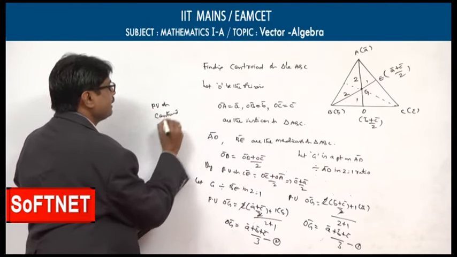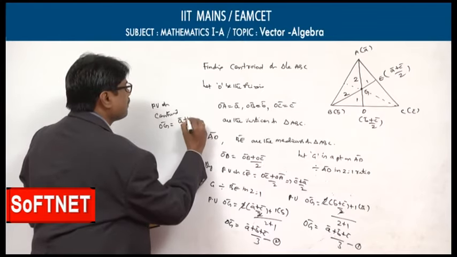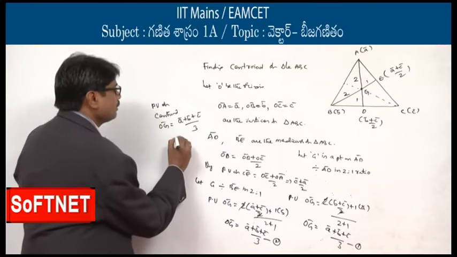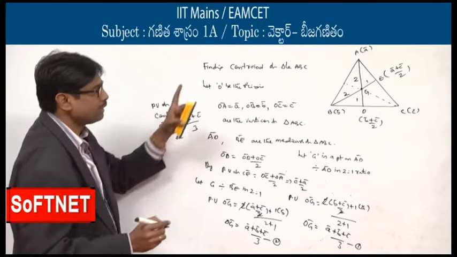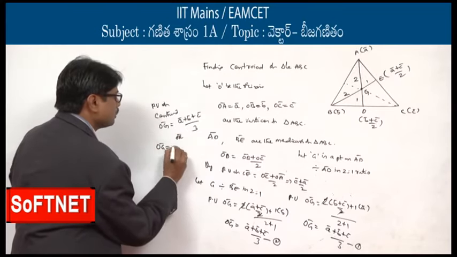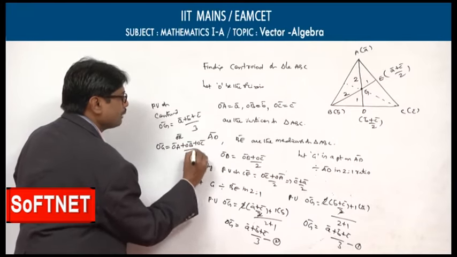The position vector of the centroid OG bar is equal to A bar plus B bar plus C bar divided by 3, or you may write capital A, capital B, capital C if you take the vertices. OG bar is equal to OA bar plus OB bar plus OC bar divided by 3.